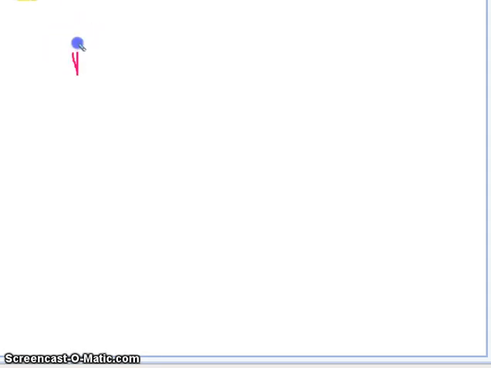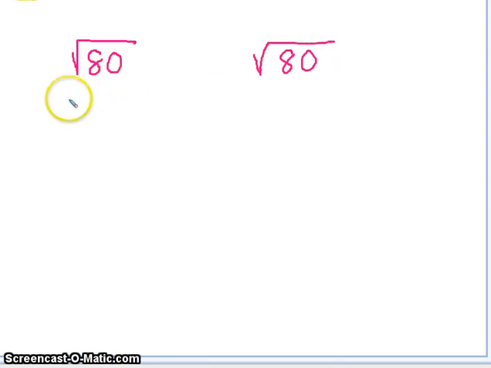Let's try the square root of 80. If I have the square root of 80, my first method is I know that sucker's divisible by 4. I'm sure of it. So if I divide it by 4, then I get 4 times 20. Well, in this case, 20 is divisible by 4.